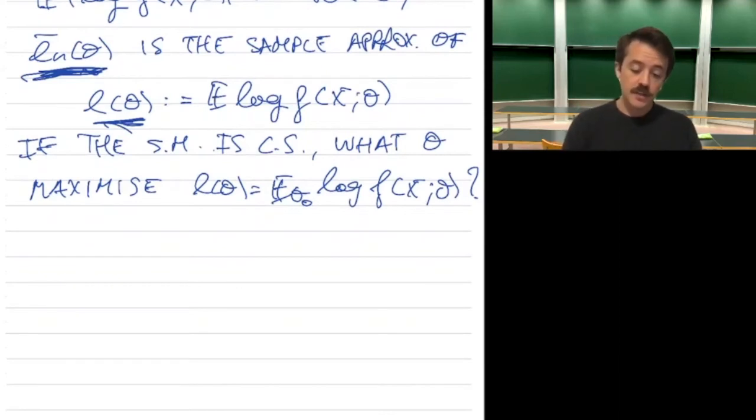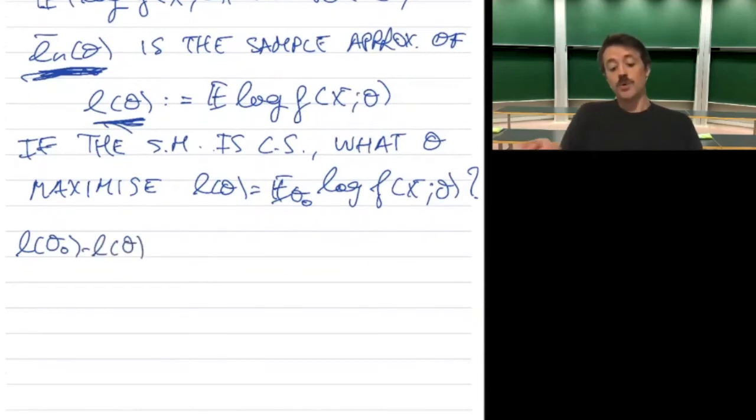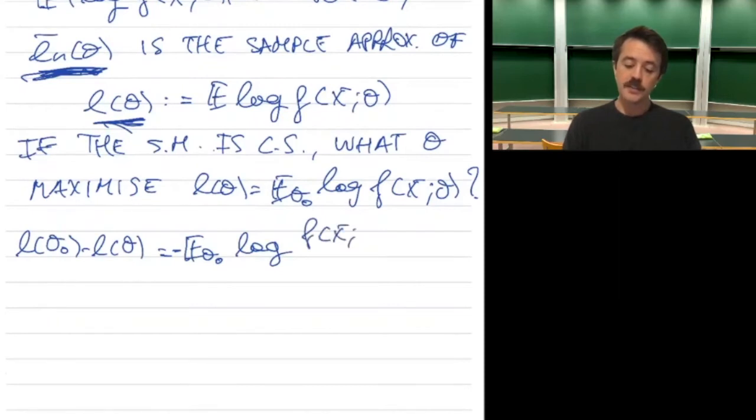Now that we have that intuition, let's look at the difference between L theta naught and L theta, and what we want ideally to show is that this is non-negative, so that theta naught is really the maximizer. We can write this simply as the negative expectation under theta naught of the log of f_x theta divided by f_x theta naught.